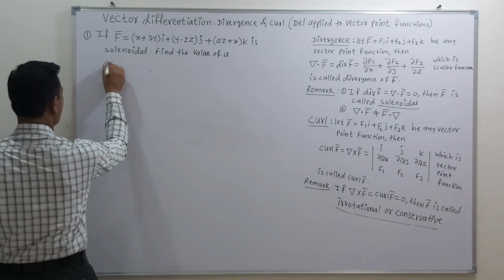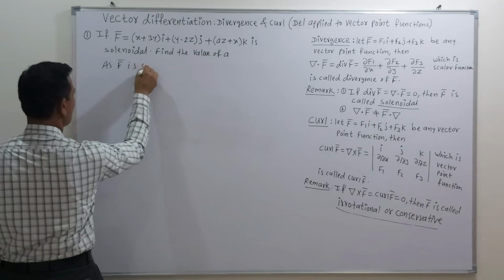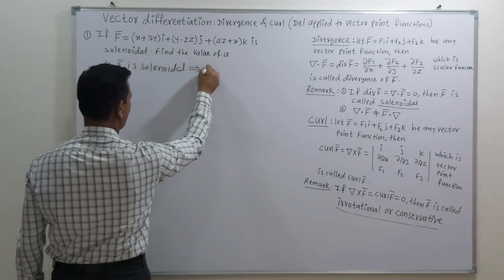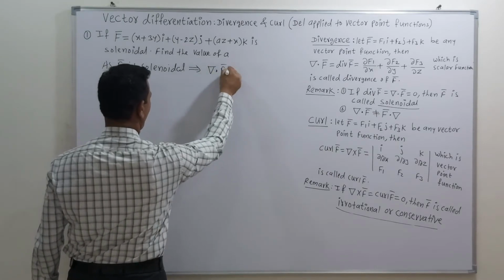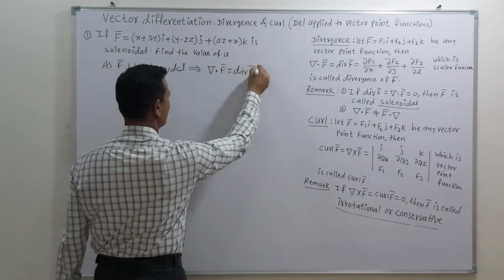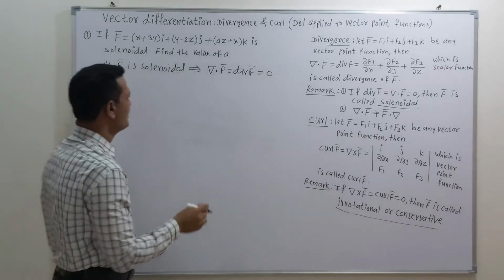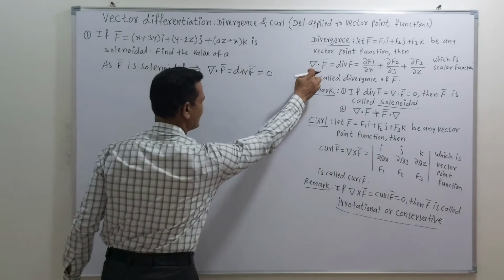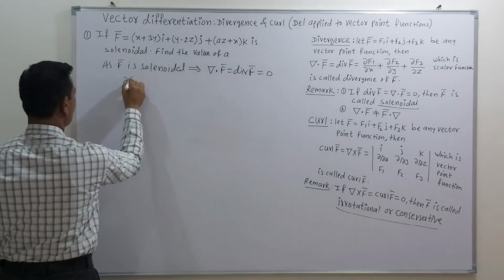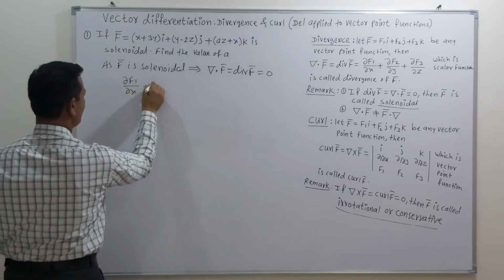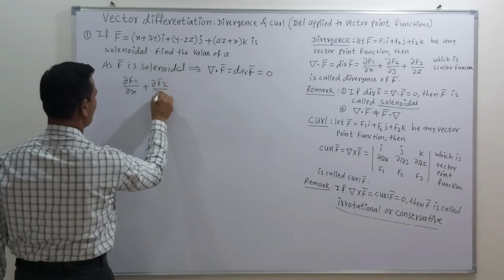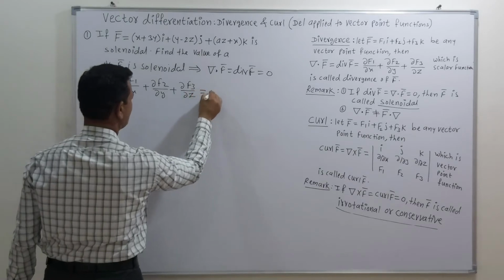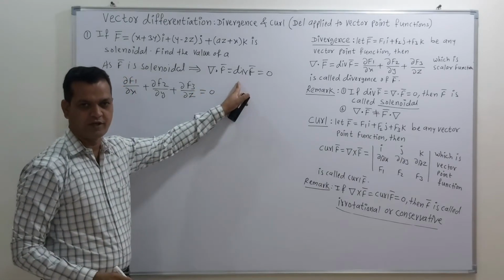As f bar is solenoidal, this implies that del dot f bar, which is called the divergence of f bar, is equal to 0. We know the definition: del dot f bar is partial derivative of f1 with respect to x plus partial derivative of f2 with respect to y plus partial derivative of f3 with respect to z, equal to 0, because this is a solenoidal vector field.